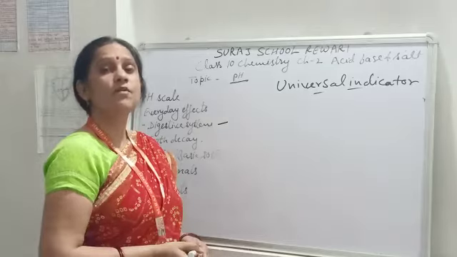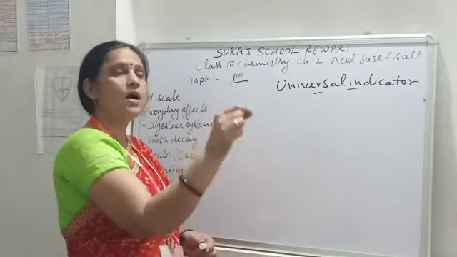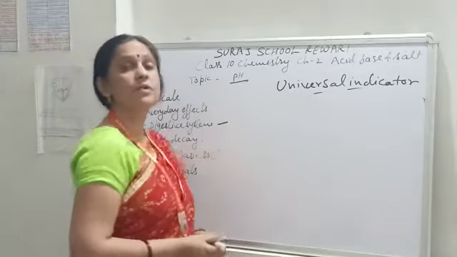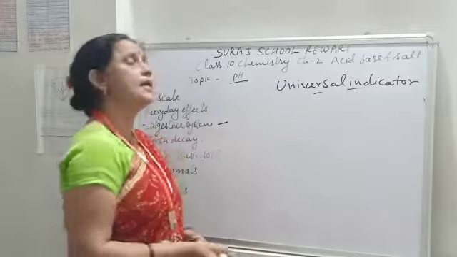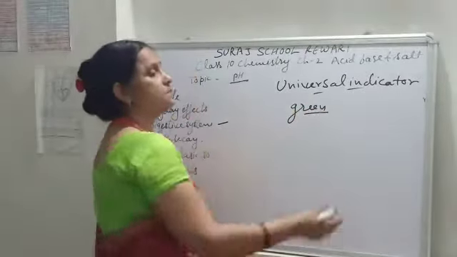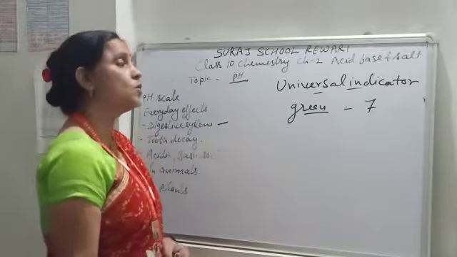So when we add 1 or 2 drops in a solution, it gives different colors according to the pH. Suppose if we add 1 or 2 drops of universal indicator in a solution and it gives green color, then its pH will be 7 and it is neutral, neither acidic nor basic.